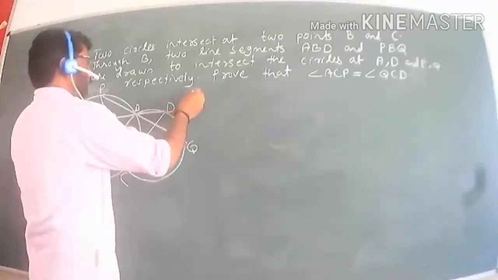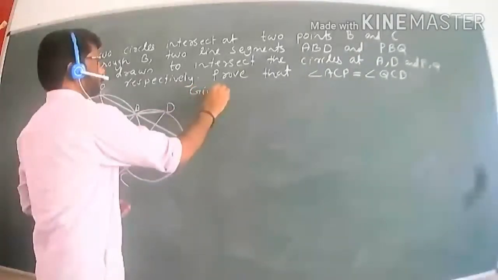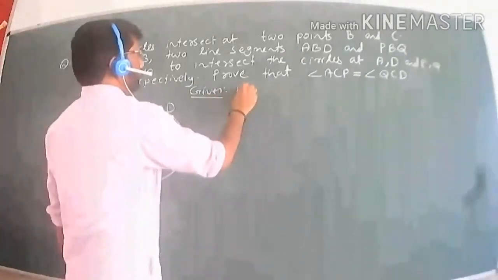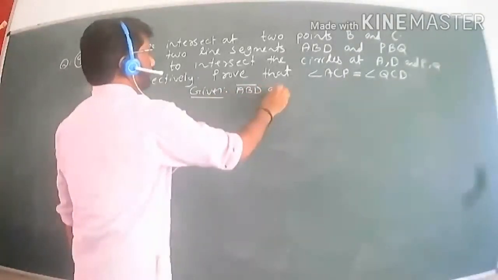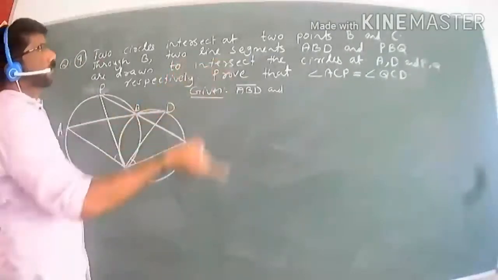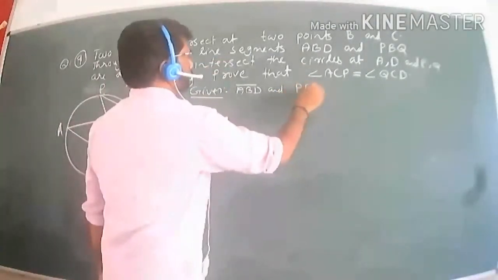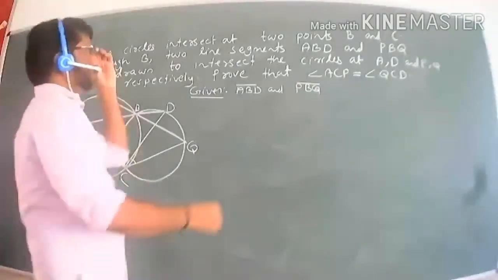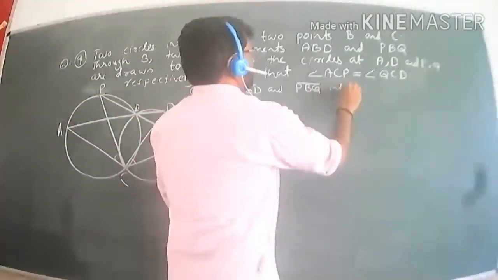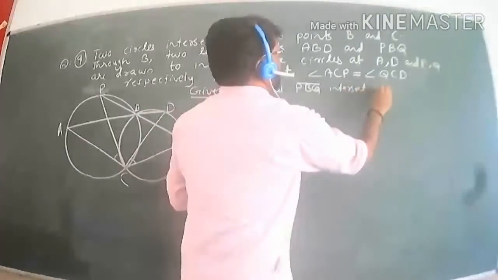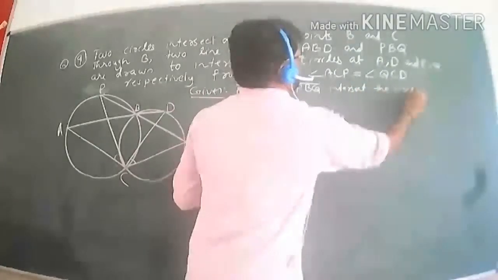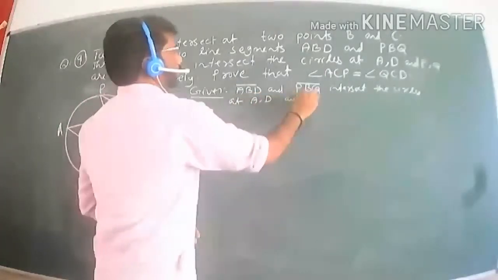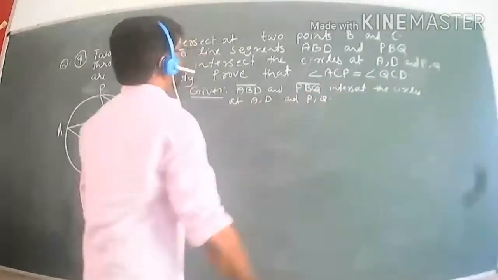So let us write given. What is given? Line segments ABD and PBQ intersect the circles at A, D and P, Q respectively.